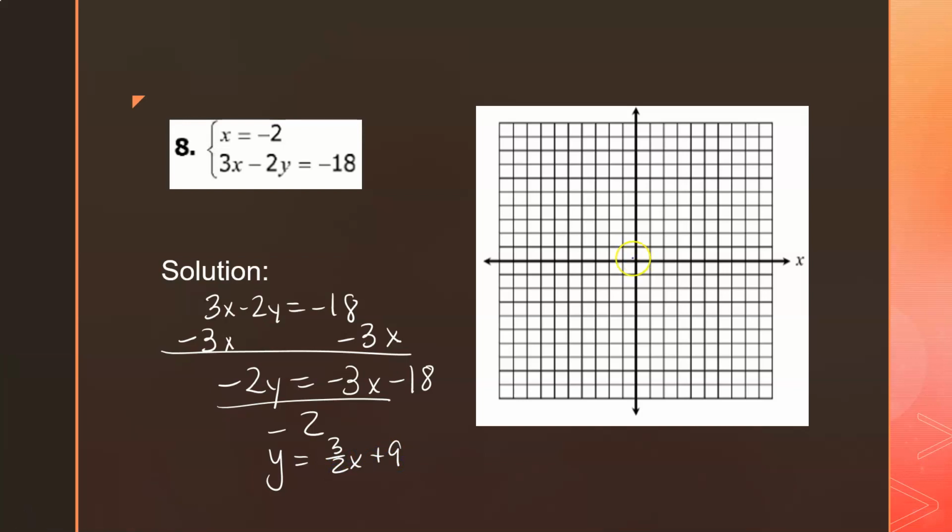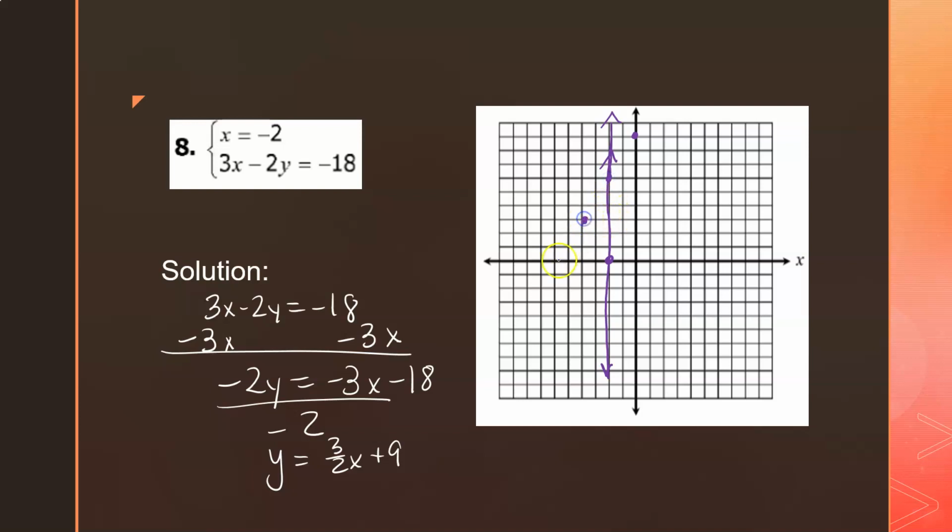So I have x equals -2. So that's going to be a vertical line going through -2. And then I'm going to start at 9. I better extend this. And then I'm going to go down 3, left 2.